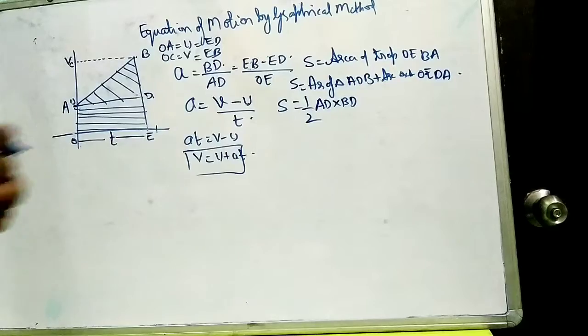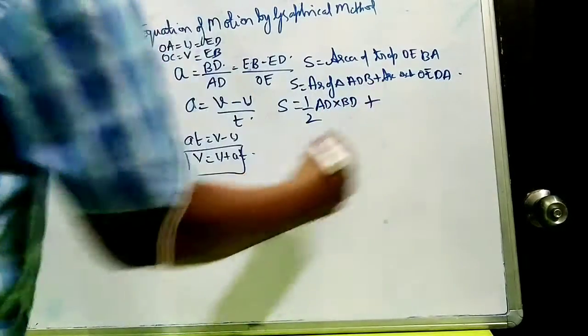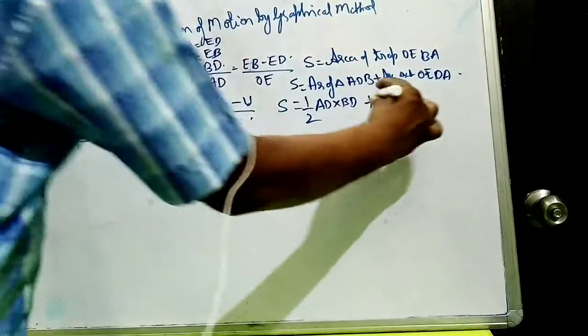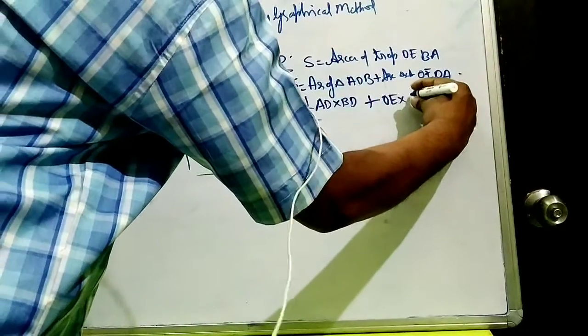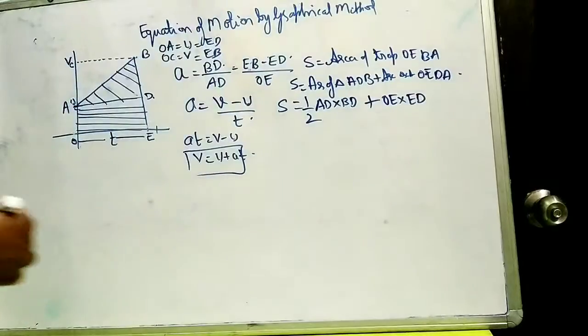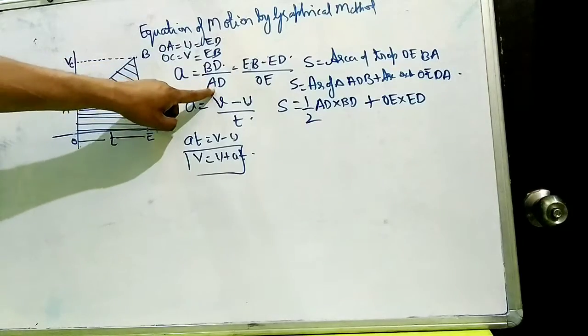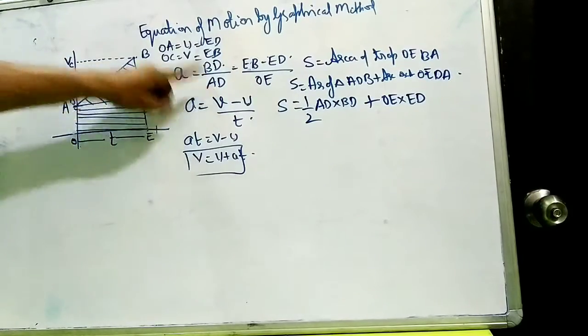Is this clear or not? Plus area of rectangle, it is OE into ED. Is this clear? Now in place of BD, what we can write? A into AD.